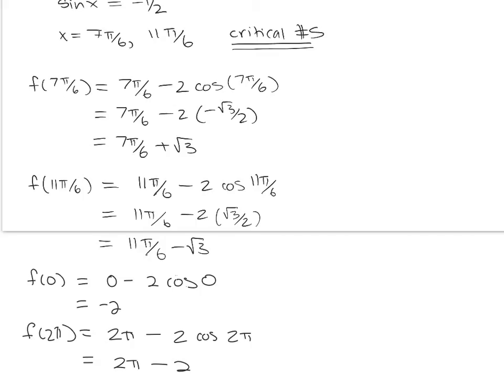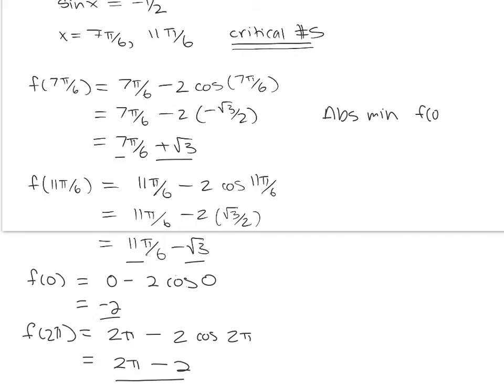Even without a calculator, I claim that the absolute minimum is pretty easy to find. So which one is the absolute min? Is it 7 pi 6 plus root 3, 11 pi 6 minus root 3, 2 pi minus 2, or the negative 2?